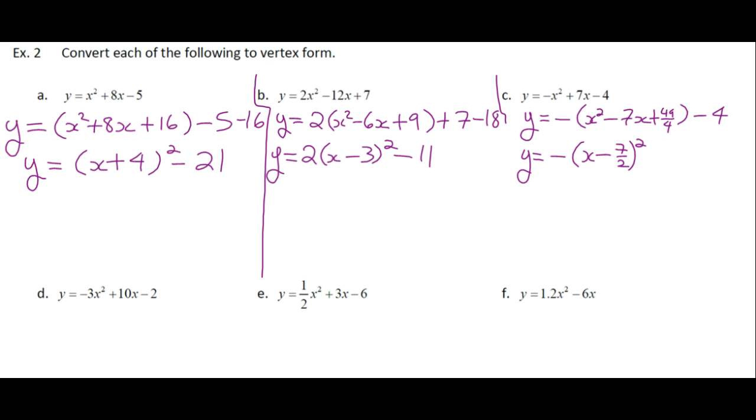Got to add, right? So what I really want to do, and sometimes the method you see is they'll write this down. It's x squared minus 6x plus 9 minus 9 in the brackets, and then they'll do the 2 with it. We say, oh, there's a negative out here, right? So it should be minus 4. Oh, it's going to become plus 49 over 4. Just the same way this became minus 18, this becomes plus 49 over 4.